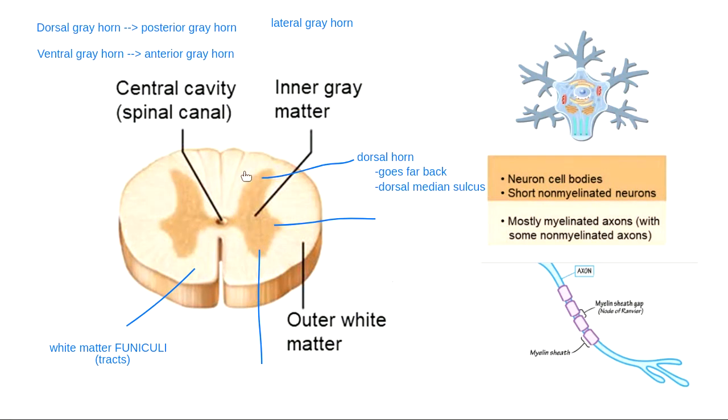So if this is the dorsal gray horn, what's this one right here called? What's this horn here on the other side of the spinal cord? This one is the one on the front side.